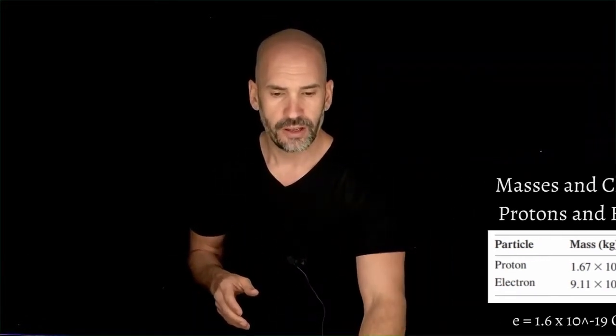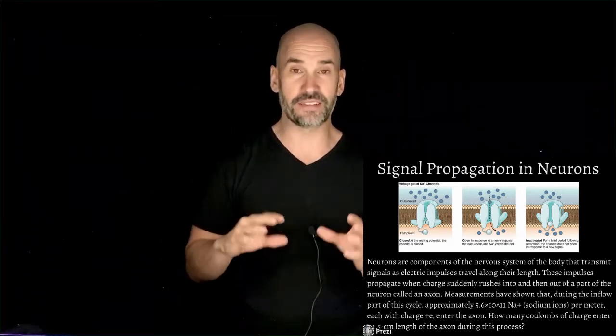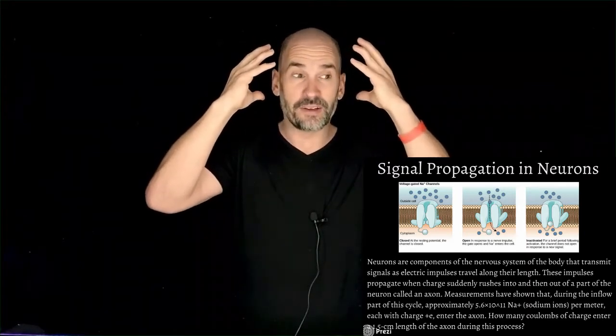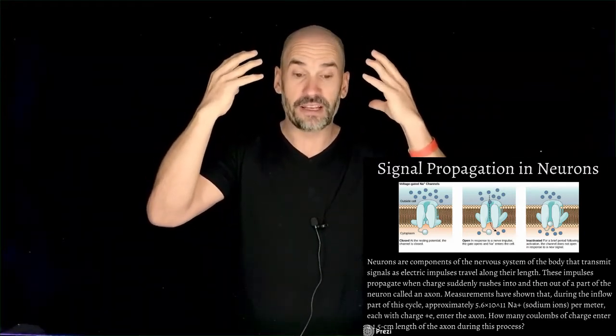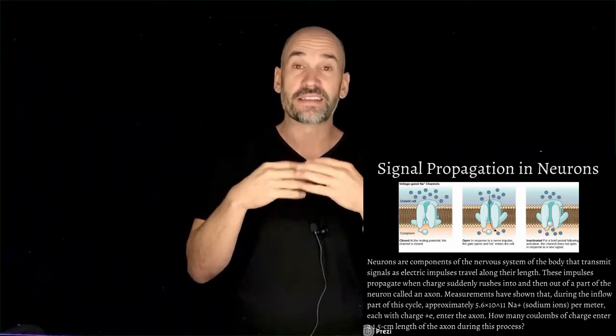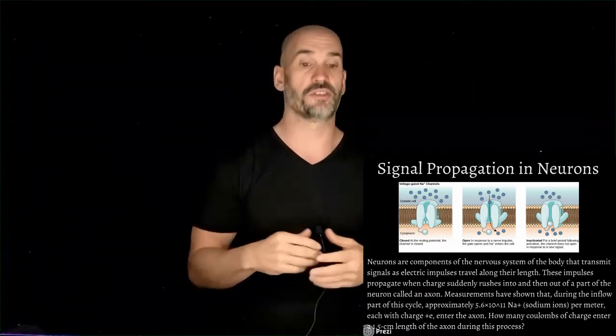Let's look at our first problem of the week. One area where this really matters is signal propagation in neurons. Everything that I'm doing, everything that I'm saying, moving my arms, is happening because in my brain there are a whole bunch of neurons that are constantly accepting and transmitting ions, positive and negative charges.